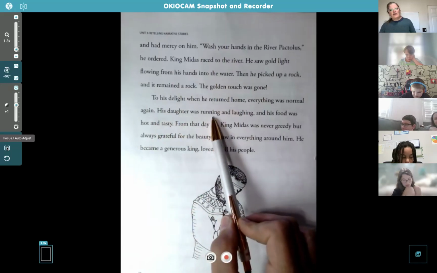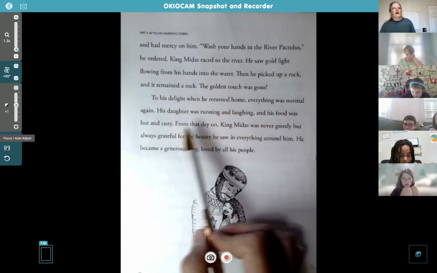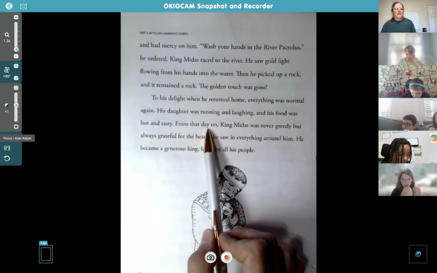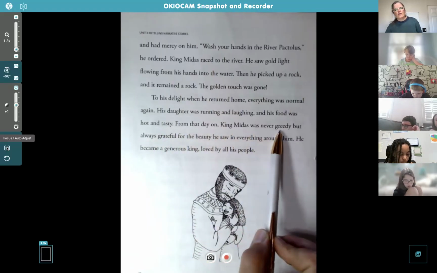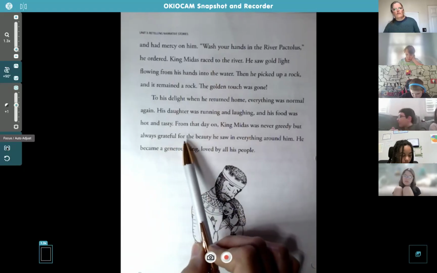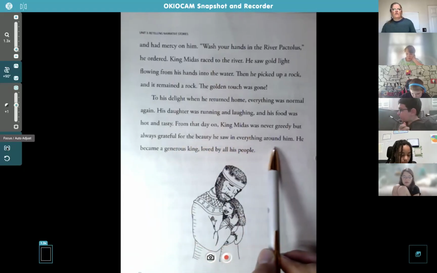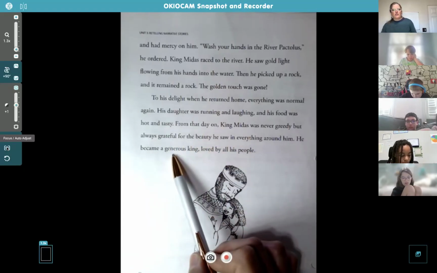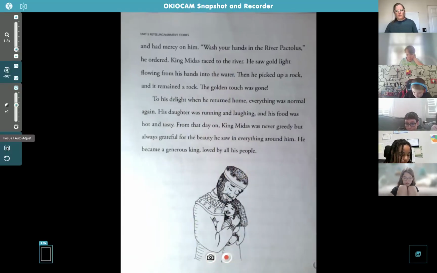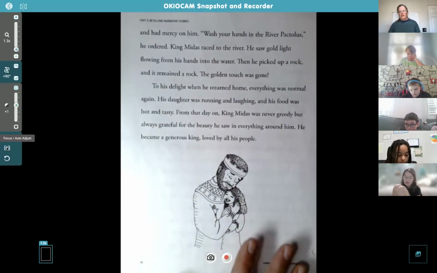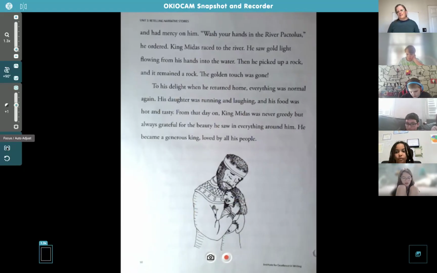His daughter was running and laughing, and his food was hot and tasty. From that day on, King Midas was never greedy, but always grateful for the beauty he saw in everything around him. He became a generous king, loved by all his people. And there he is with his daughter, and they're happy.